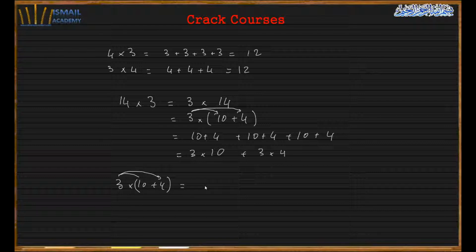That means I multiply the number by each term of the addition. We'll see when we can apply it, but this is the concept of distribution. So here it's going to be 3 times 10 plus 3 times 4. This is the idea of the distributive property.